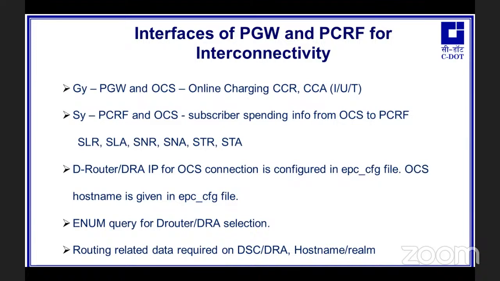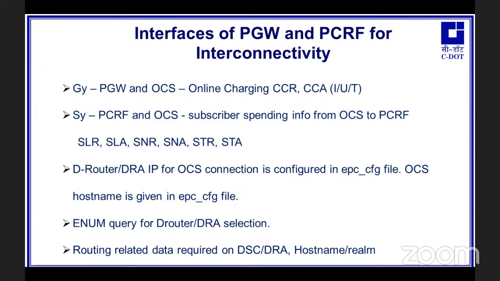So the Sy interface, PCRF to OCS, because of whatever plan has been configured, the STR, SLR, SLA, SNR, SNA, STR, STA, all these messages are going via diameter over the Sy interface between PCRF and OCS through DRA, DSC and D router. The D router and DRA IP for OCS connection is configured in EPC nodes.